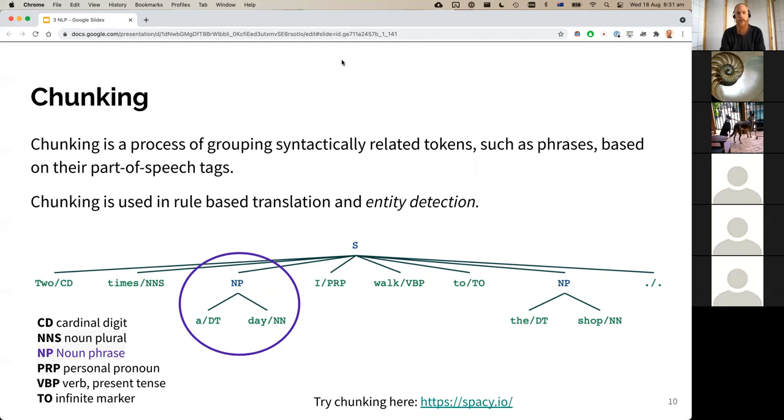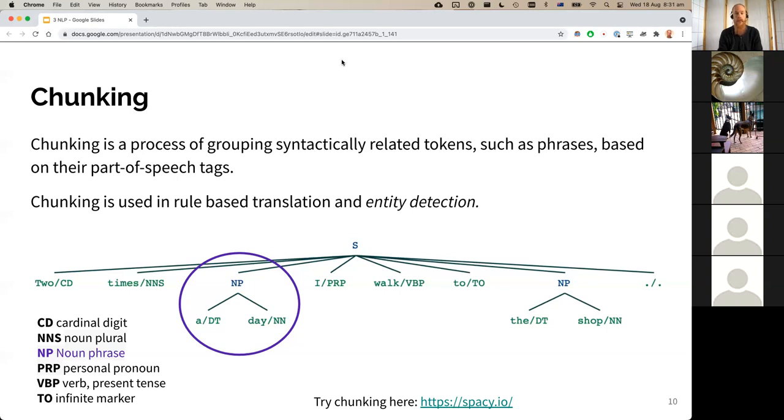So in this sentence, we have 2 noun phrases, one of them circled there, the other one is the shop. This process really helps us to break sentences down to find out where meaningful words are and what other words are associated or attached to the meaningful words.